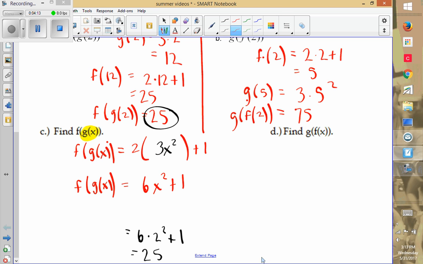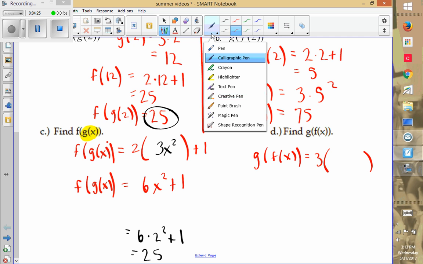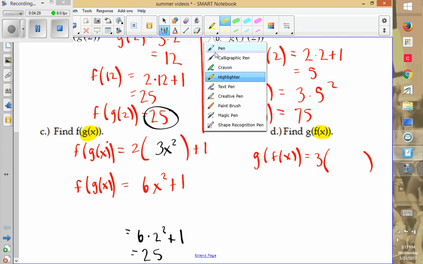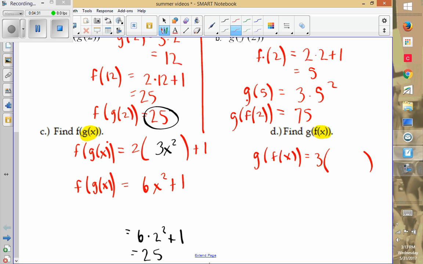Let's now do g of f of x, and what this means is that in the g of x equation, wherever I see an x, I am going to put in the entire function f of x, which would be 2x plus 1 squared. Now, order of operations tells me I'm going to square this first.